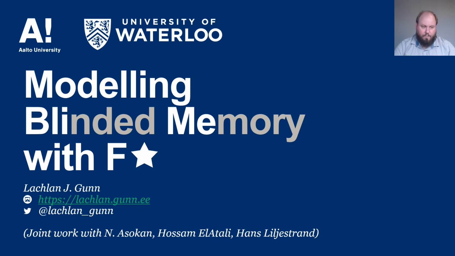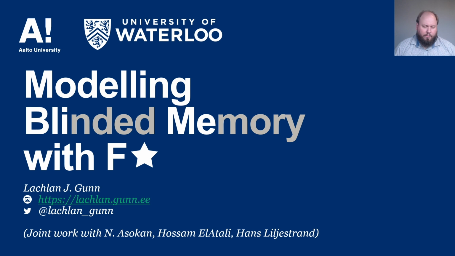As a bit about my background, I'm originally an engineer, and I've worked on electronics, and I've worked on distributed systems, and I've worked on platform security. I'm not a formal verification person. I use formal verification, but I'm not a specialist by any means.